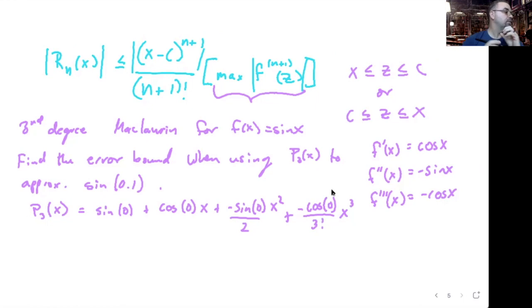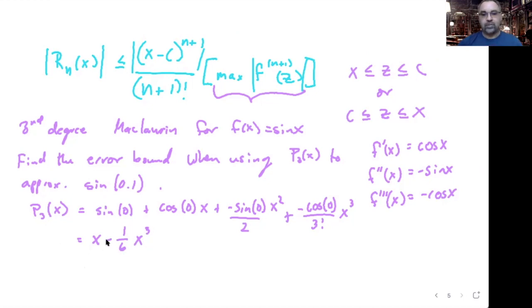Sine of 0 is 0, cosine of 0 is 1. So our third degree Maclaurin polynomial P3 is x minus 1 over 3 factorial x cubed.